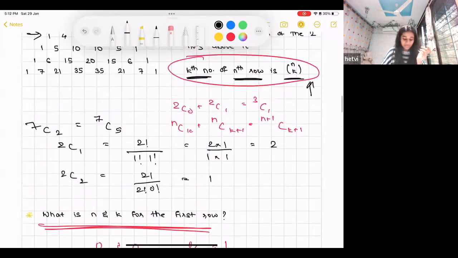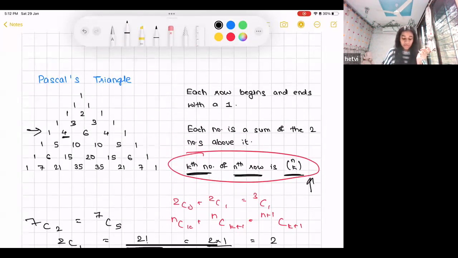Let's see over here. This is 4C1 and 4C2, we get 5C2.